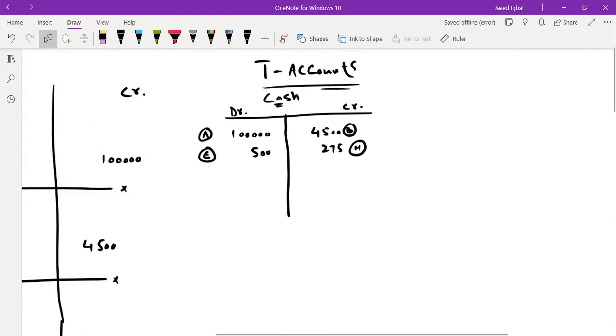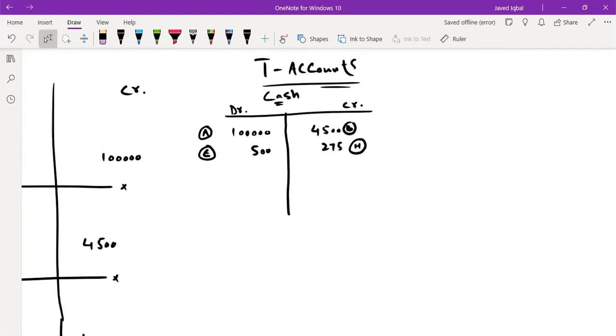So in I we receive 100, and pay 1500. You can easily sum up your cash account by adding all these.